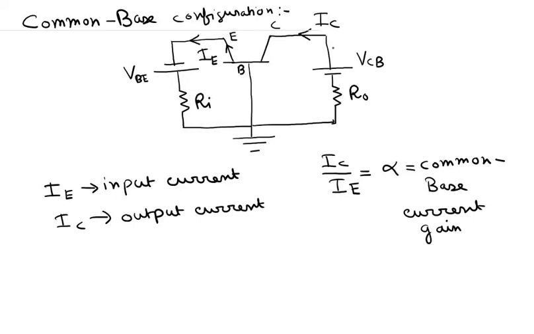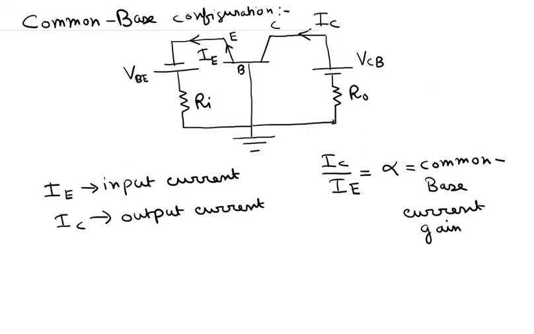We only want the collector current to vary with VBE. Just as I stated earlier, in a transistor the collector current is controlled by the base to emitter voltage. So in the ideal situation we do not want the collector current to be controlled by this voltage VCB. We want the collector current to be only controlled by VBE, that is the base to emitter voltage. So it is important to plot how the collector current varies with VCB.